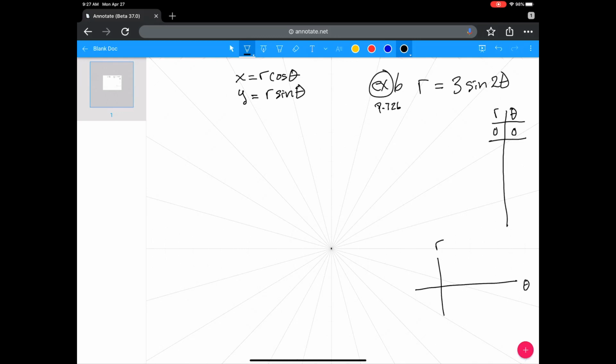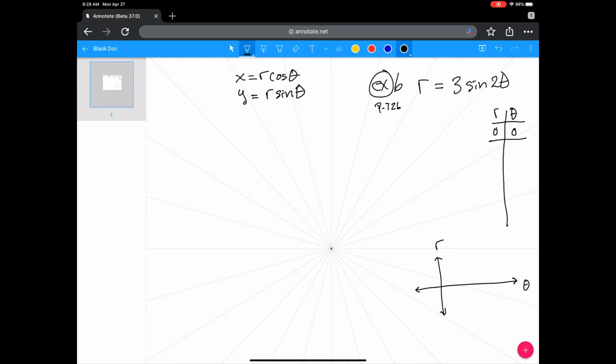You could map those where theta is not an angle, but just like an x-axis, and make a normal graph of the function 3 sine 2 theta, as if you were doing it in a Cartesian system, and then translate the ups and downs of your graph into r values on a polar graphing system.